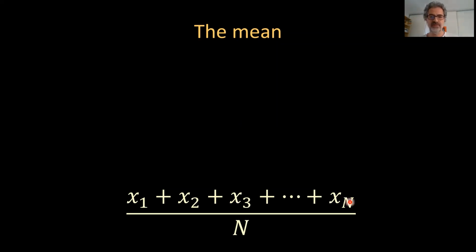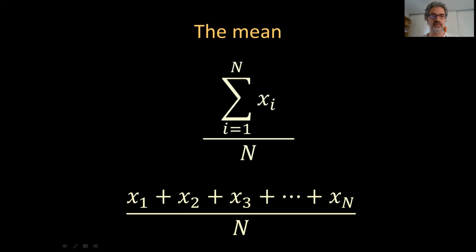So you see the use of an unknown number to mean as many as we have. Instead of writing all of this, because n could be very large, and then this would get very long, we just write this, which is exactly the same thing. So the sum of xi for I equals 1 through n, divided over n. And these two things are the same.